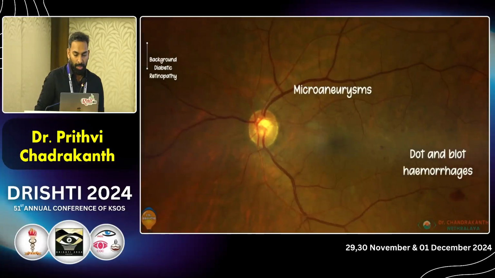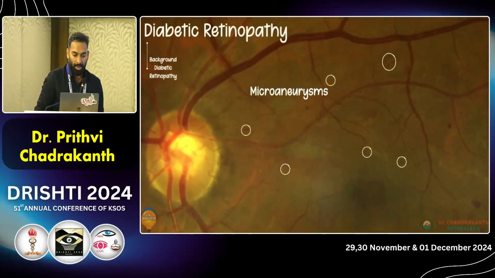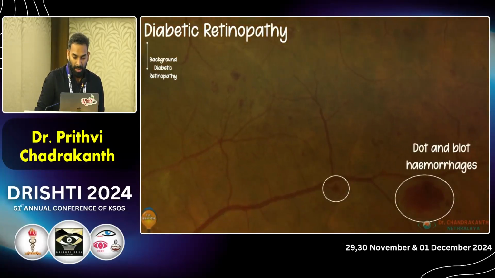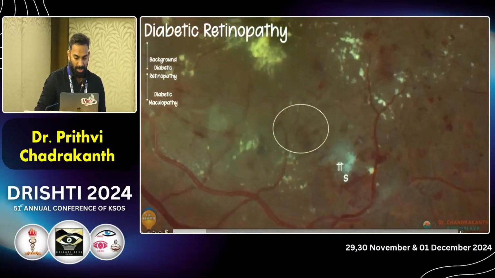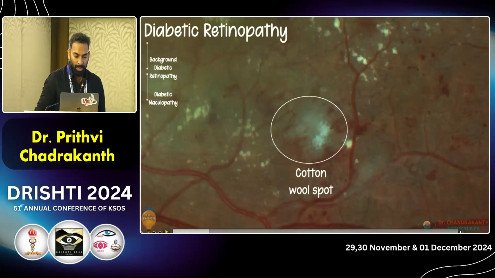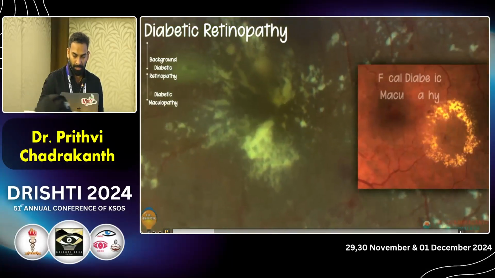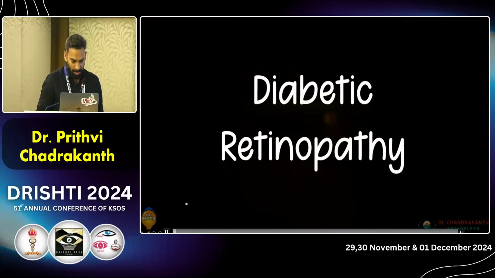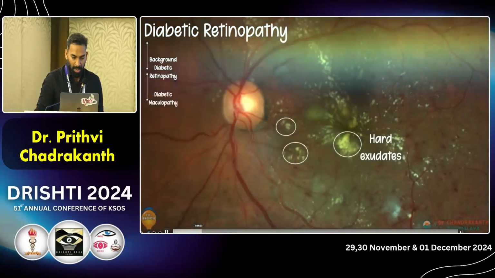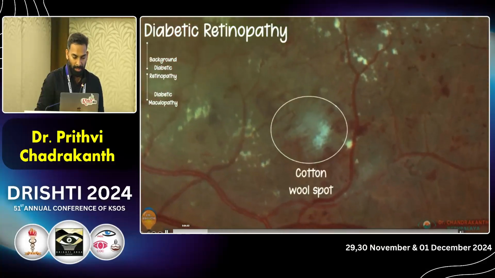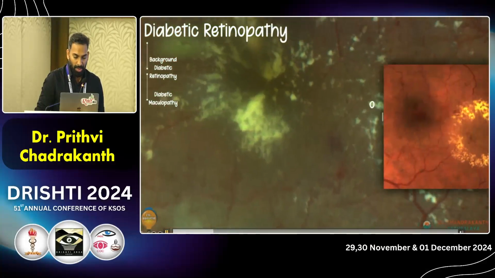As you can see, the small dots are microaneurysms and dot blot hemorrhages. You can see the dot blot hemorrhages here. See the hard exudates. These are the cotton wool spots.